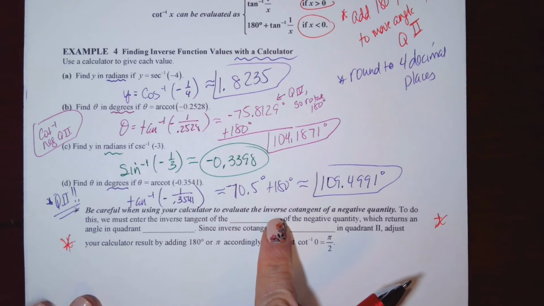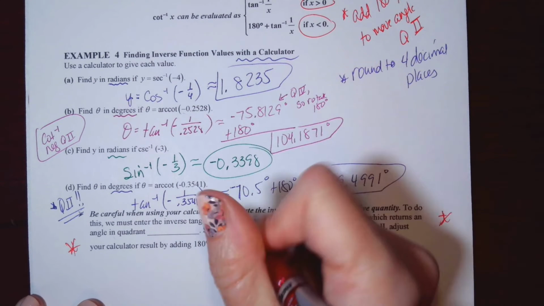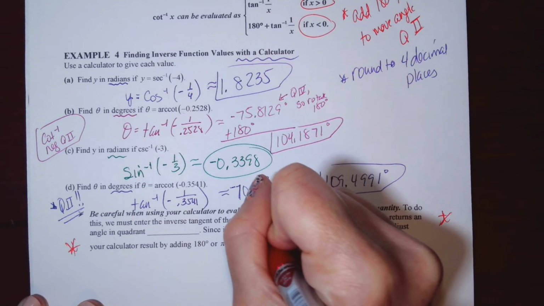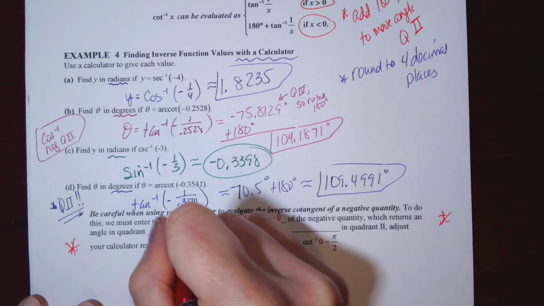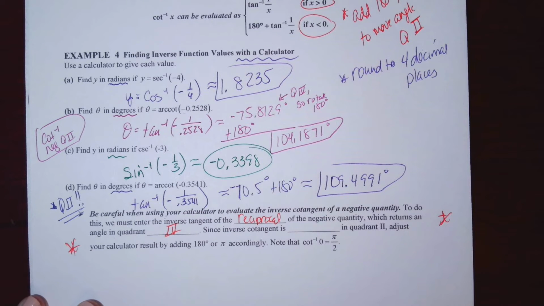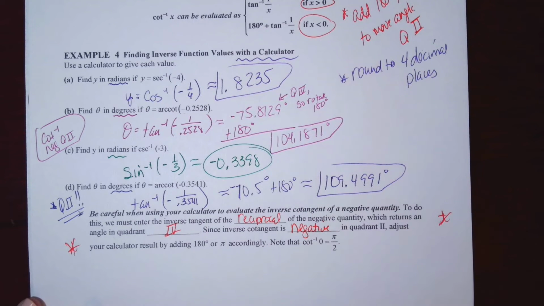If you need to evaluate the inverse cotangent of a negative quantity, you have to first change it to the inverse tangent of that reciprocal. That's going to give you an angle in quadrant 4. Inverse cotangent is not negative in quadrant 4, it's negative in quadrant 2. So we need to adjust the output by adding a half rotation, 180 degrees or pi.